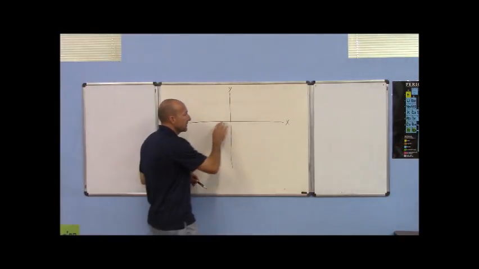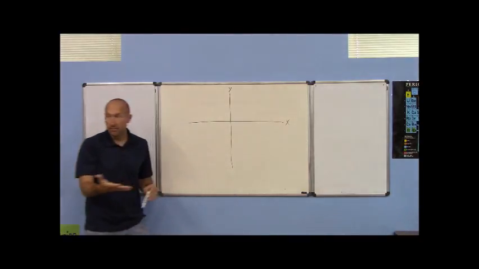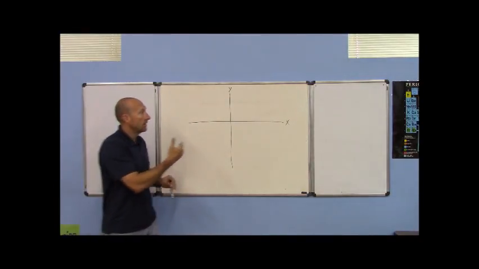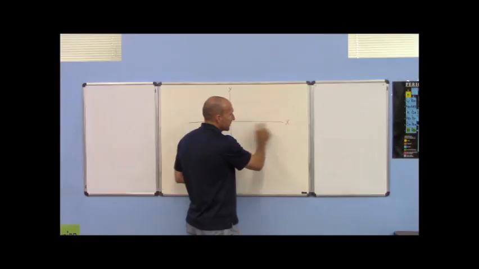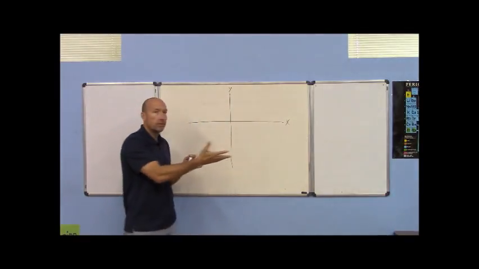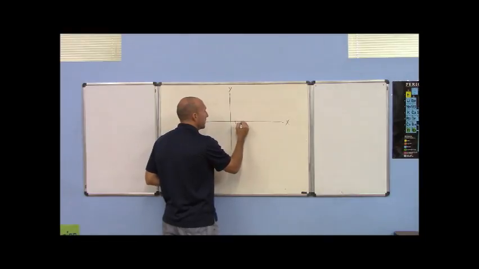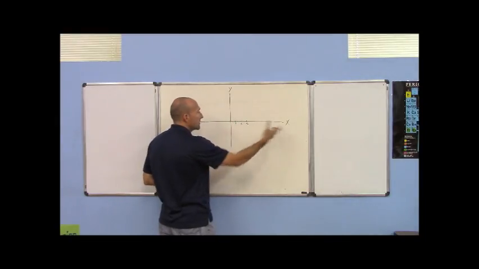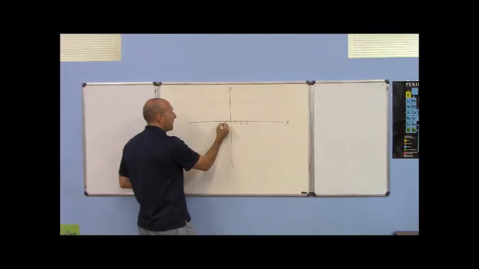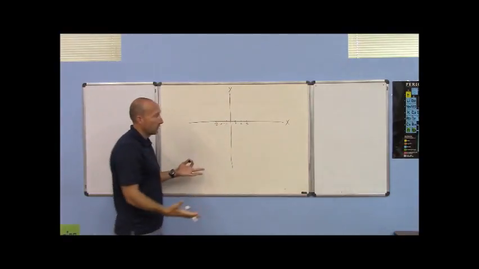We have a positive side, so if you think of a number line that we've looked at before, then that is the x-axis. Okay, your typical number line that we've used in the past is your x-axis. So we have a +1, +2, +3, and so on. We also have our -1, -2, -3, and so on.